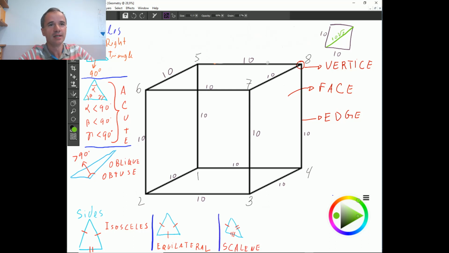Everything's math. So the cube diagonal is going to be 10 square root of 3.